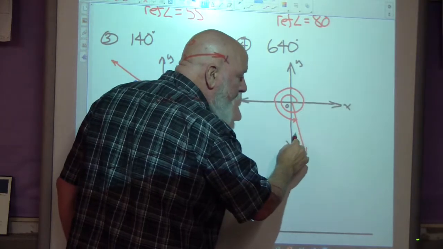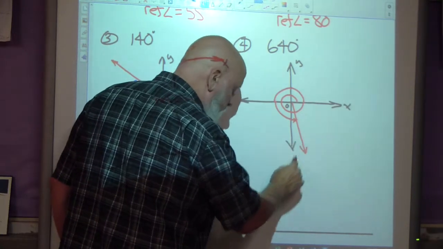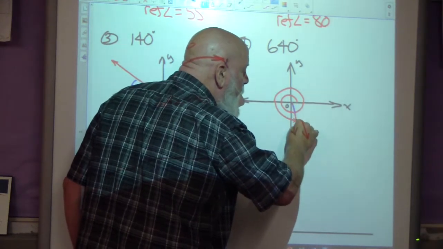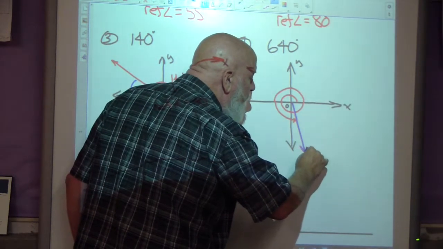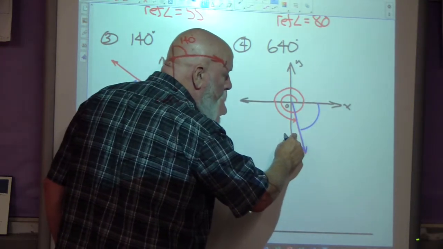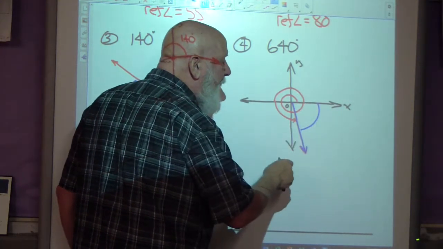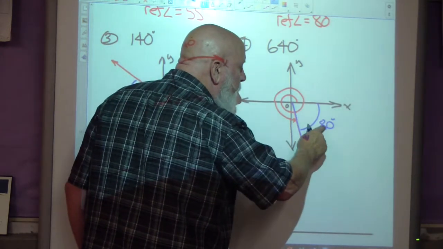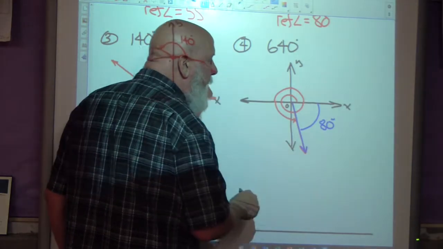So this is 10, but we're not looking for this angle. We're looking for the angle formed by the terminal side and the nearest x-axis. Well, I know if this is 10, this has to be what? 80, right? Because 10 degrees plus 80 degrees forms this 90 degree angle.